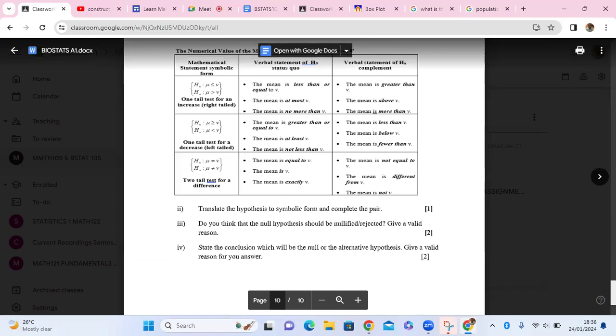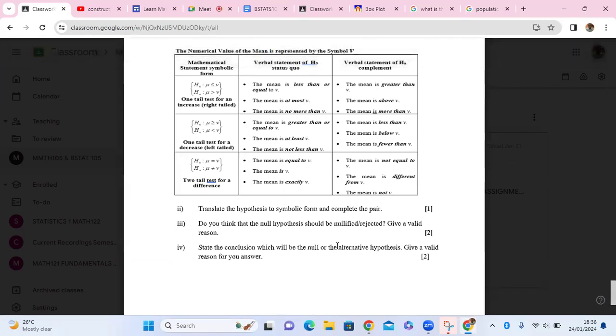If you get a value very close to 200, then you can say the null can be kept. But if you get a value which is much different from 200, then you have to say the null has to be rejected. That statement that the mean is equal to 200 is not true, because we used a sample and we got a value way different from 200. So that's the process of using sample data to prove or disprove a population hypothesis.